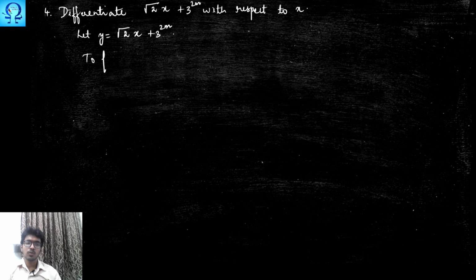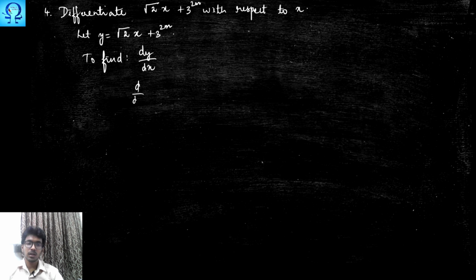Now we need to find out what? dy upon dx. So hope you people get the idea of taking the given function as y and writing dy upon dx. From the next problem onwards, I'll go to the calculations directly. I don't need to repeat them again and again. But from an exam point of view, you people see to it that you are writing these things.